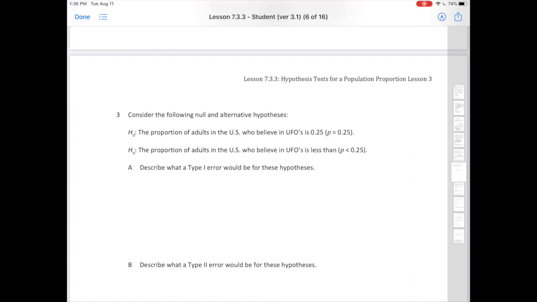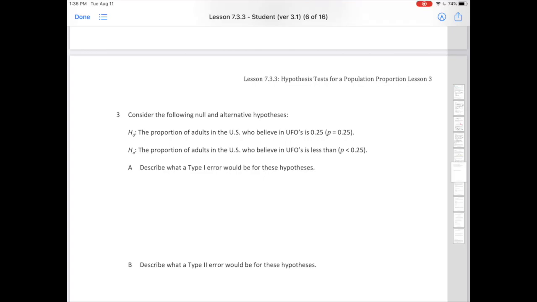By the way, guys, the code word for this lesson is UFO. Okay, so that's what you're going to put in the little box, UFO. The alternative hypothesis, the proportion of adults in the US who believe in UFOs is less than, P is less than 0.25.